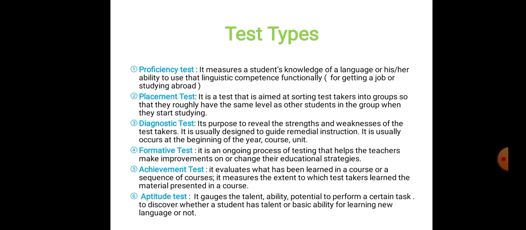Let's go to the fourth test, which is formative test. It is an ongoing process of testing that helps the teachers make improvements or change their educational strategies and methods and techniques.